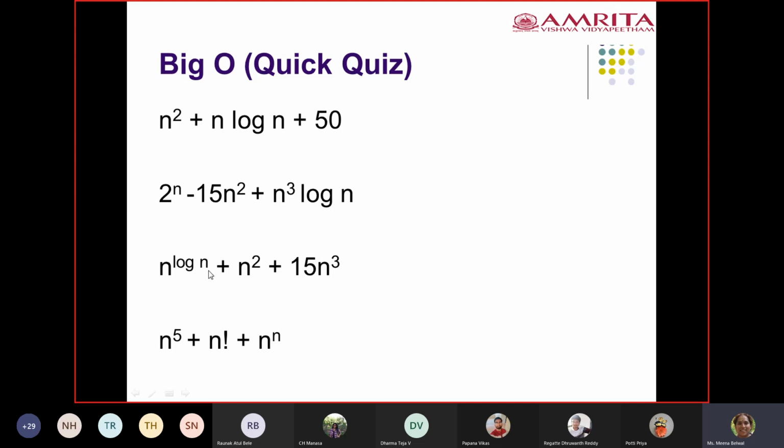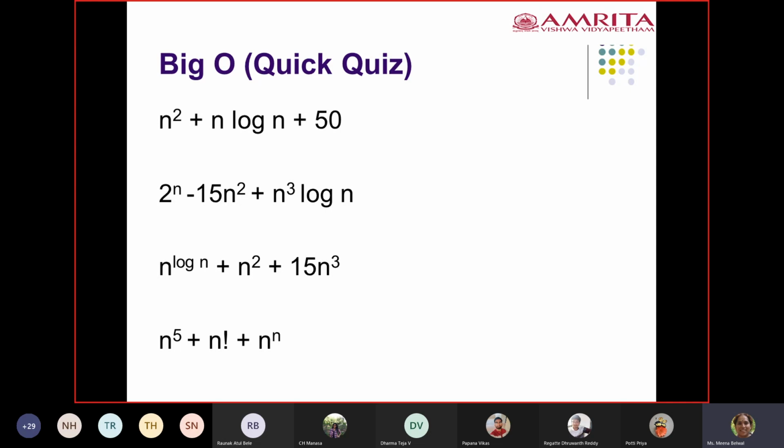So I also feel that is the correct answer, Dhruvant, that n to the power log n is the dominating term here. Anybody still wants to contradict? We need to get convinced, or else we should contradict.